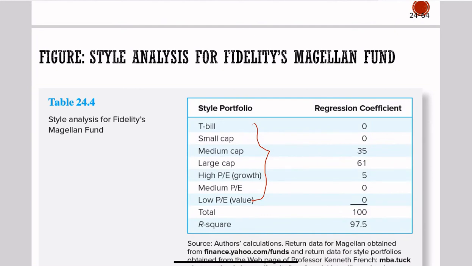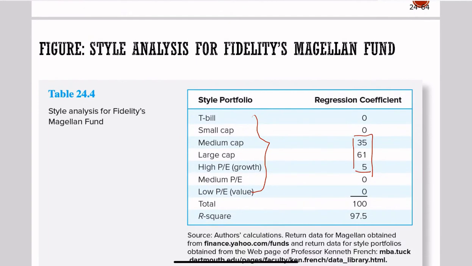So what we have here is you can see that the coefficient on large cap is the largest, like 61%. And medium cap is the second largest, 35%. And for this high PE growth stock style portfolio, it's 5%.